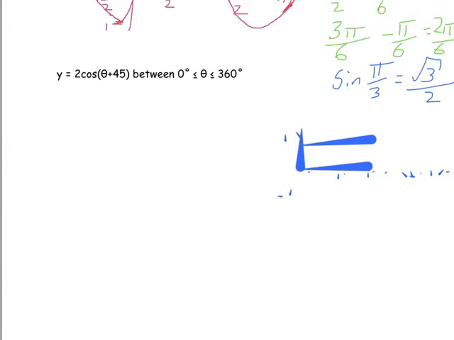Right, and we're shifting this 45 degrees this time to the left, and then we're going to double each value. You might want to do this in 2 stages. So the first stage might be to shift it 45 degrees to the left. So 0, 90, 180, 270 and 360.